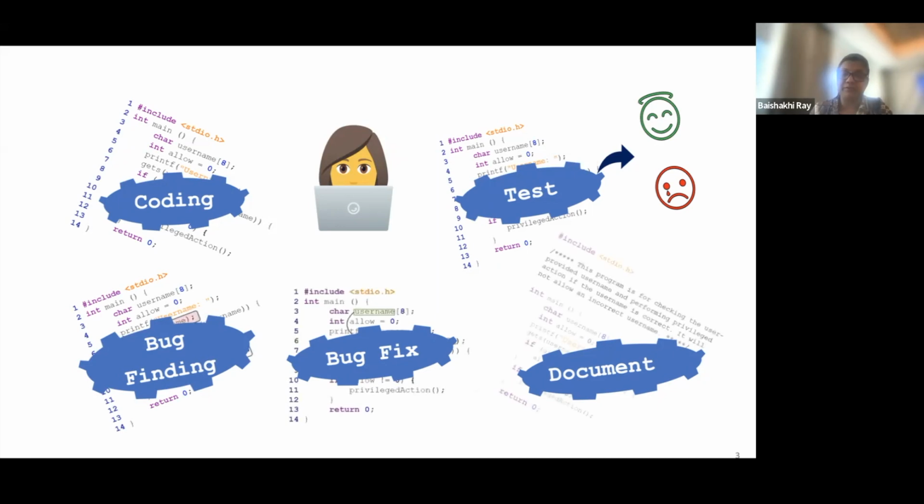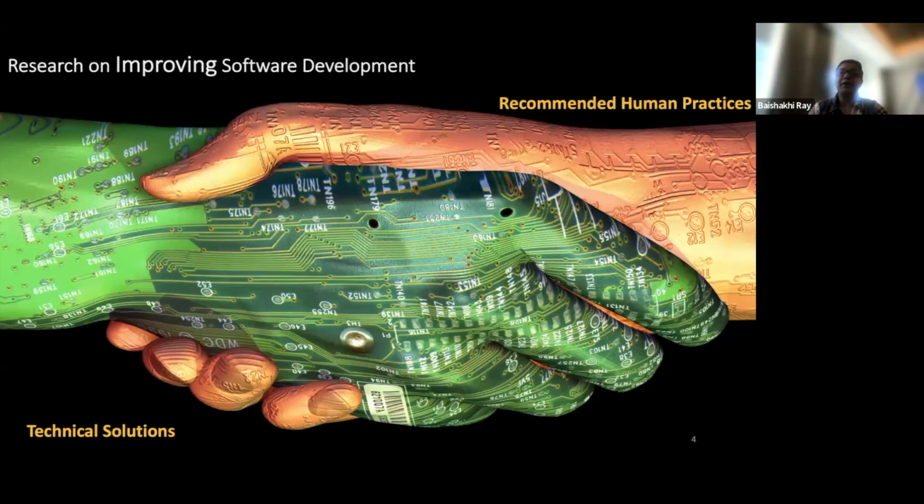Then if a bug is found, they do bug fixing, and finally they also have to write down some documentation, which is explaining, most of the time, the high level specifications in natural language, right?